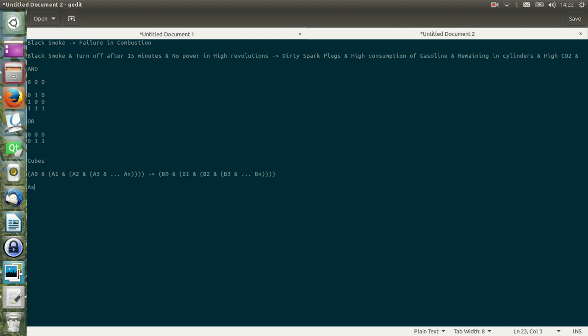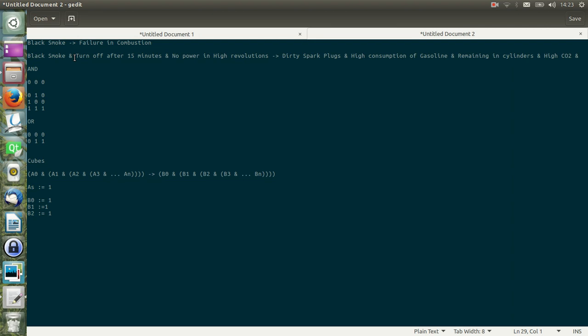So if A is equal to 1, then B0 should be 1, B1 value 1, B2 value 1, and so on. Let's follow this quick example.